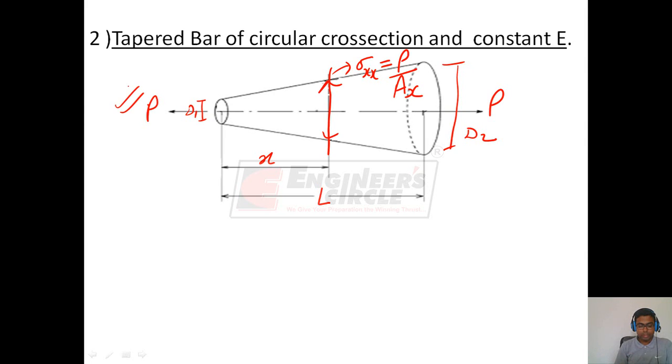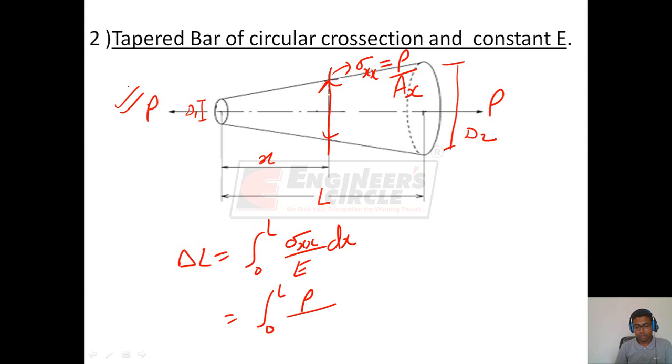Let this area be the area at any location x. So we can get the elongation as integration 0 to L sigma xx by E into dx. Now putting this sigma xx in this equation, we can write P by E Ax into dx.